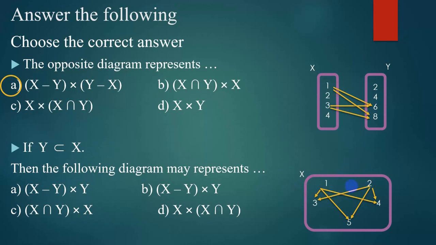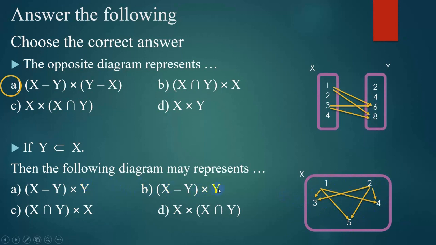What about 3, 5 and 4? 3, 5 and 4 are not all the elements in x. They are a subset of x. And it's obvious that they are the elements of y, because 1 and 2 don't belong to y. So 3, 4 and 5 are the elements of y. So the right answer is x difference y cross y.